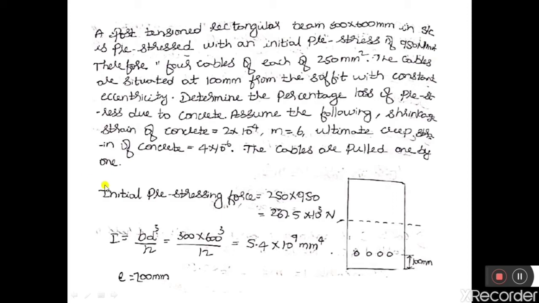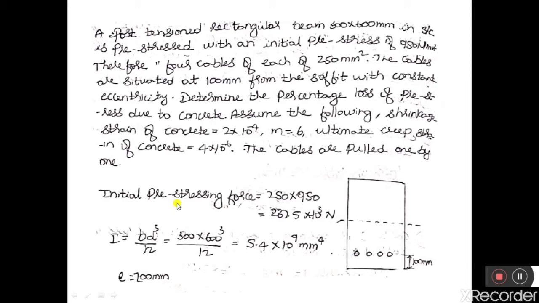Firstly, the initial pre-stressing force. In this problem they have given the cross-section area of each cable. The cross-section area of one cable is 250 mm square, and each cable is carrying an initial pre-stress of 950 Newton per mm square. Then what is the initial pre-stressing force applied for each cable?